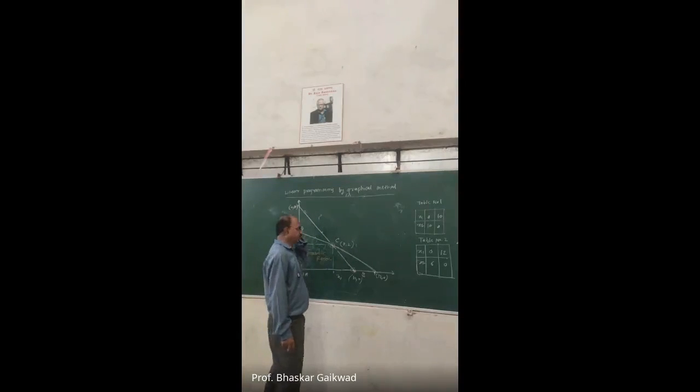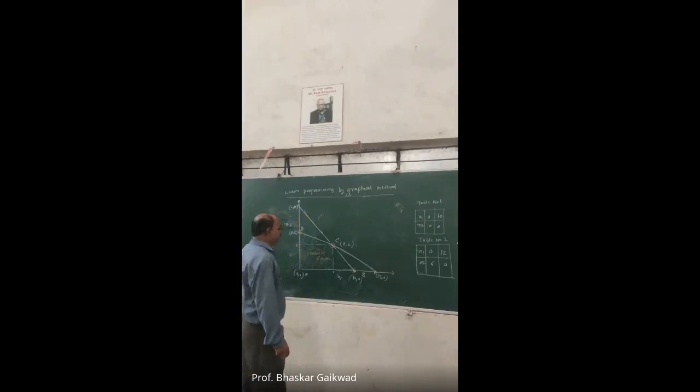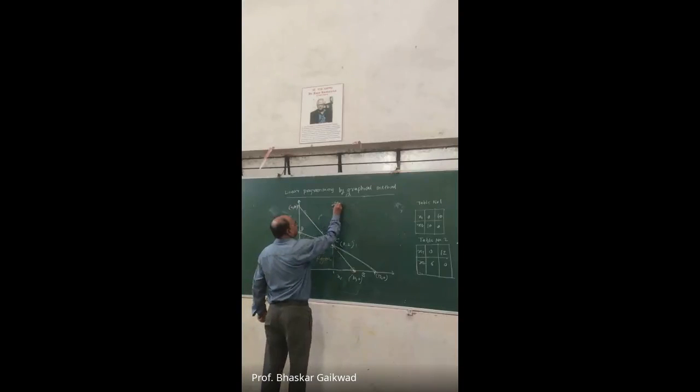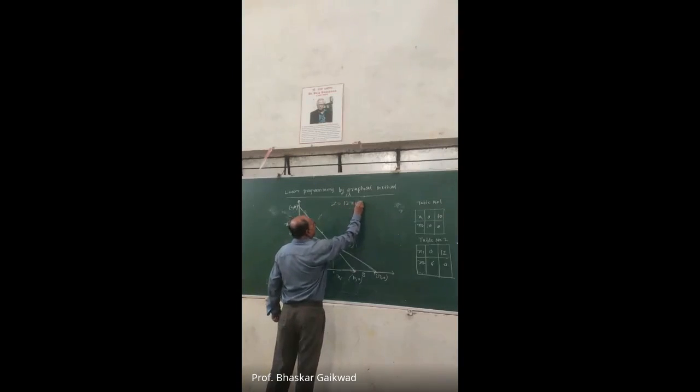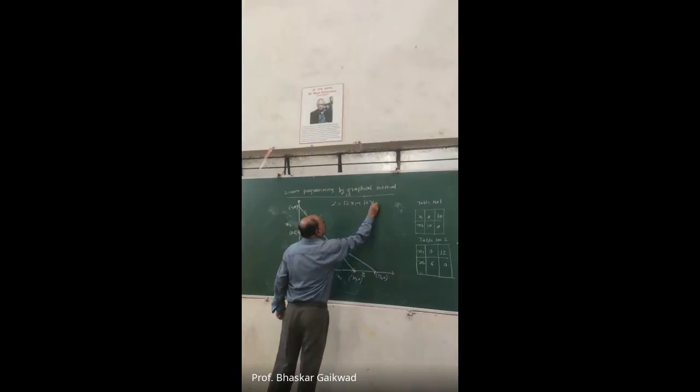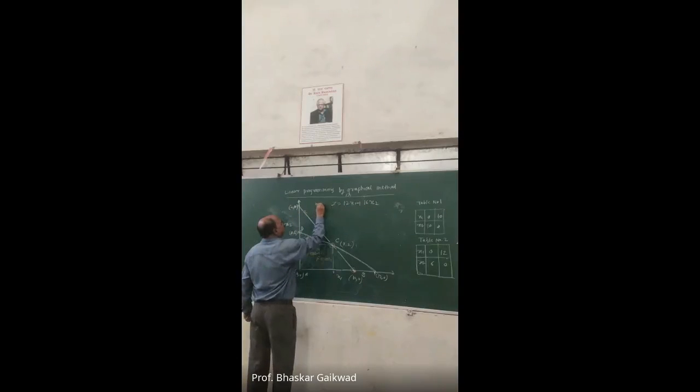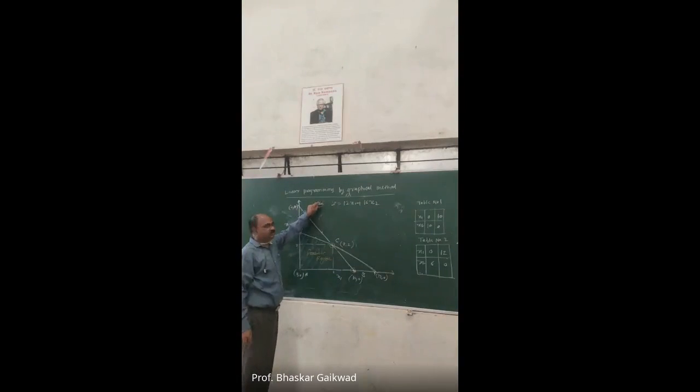Clear. Okay. Now, next condition, by using our first equation. So what is our first equation? That is Z equals 12x1 plus 16x2. This is our maximum condition, so this is actually our problem.